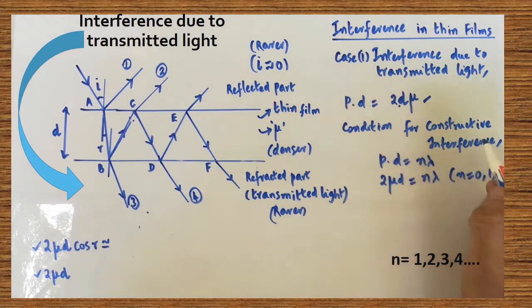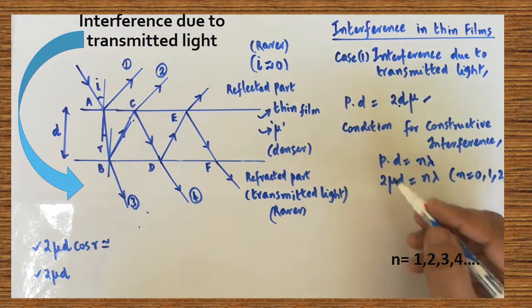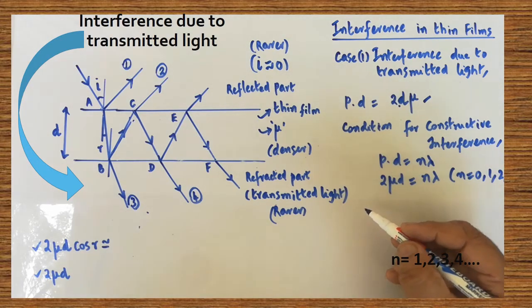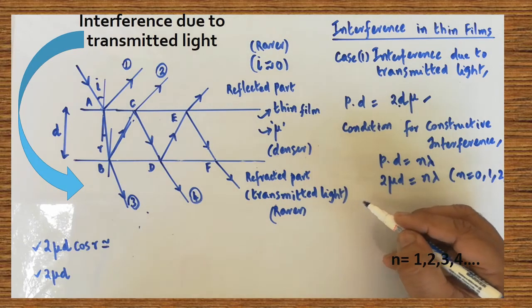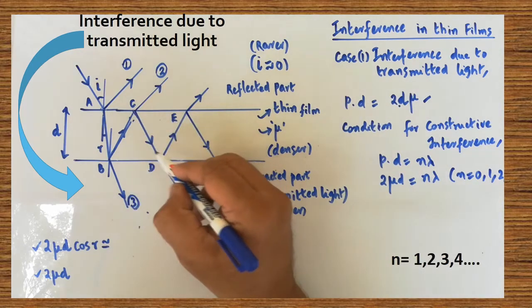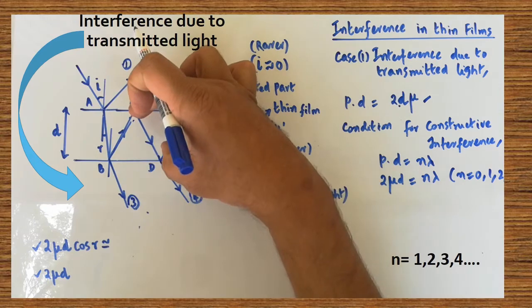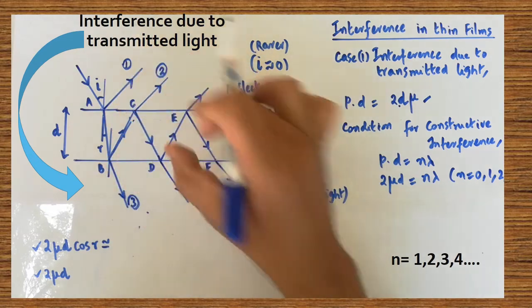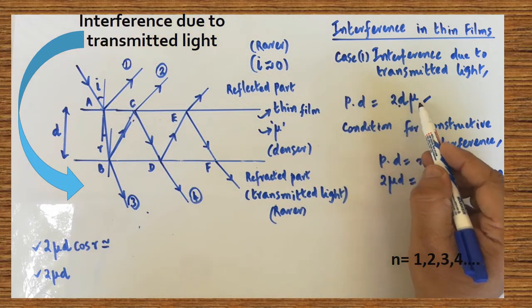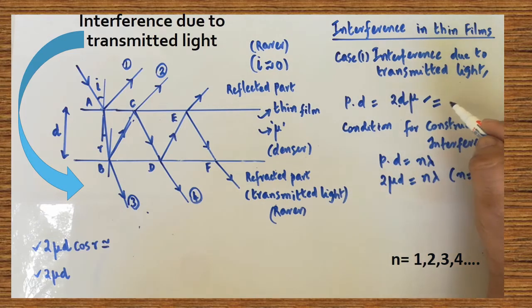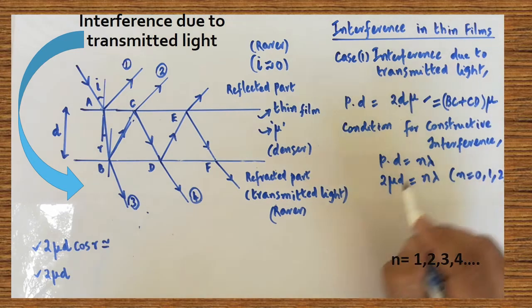So we have learnt the condition for constructive interference. Are you clear? Next we are going to learn the condition for destructive interference. The meaning is, the distance BC plus CD is equal to how much? 2d mu. That BC is to be added with CD, and the distance is 2d, along with which mu must be multiplied.